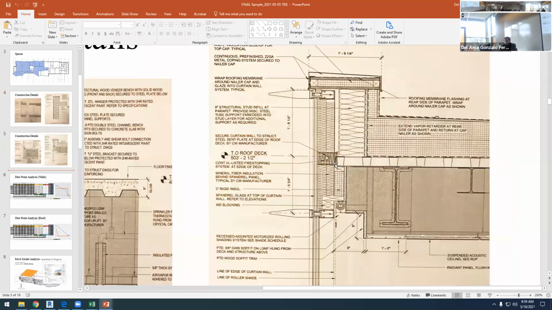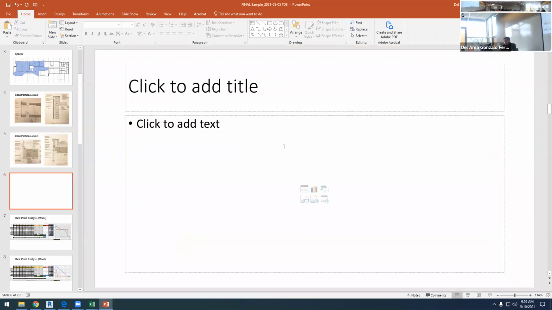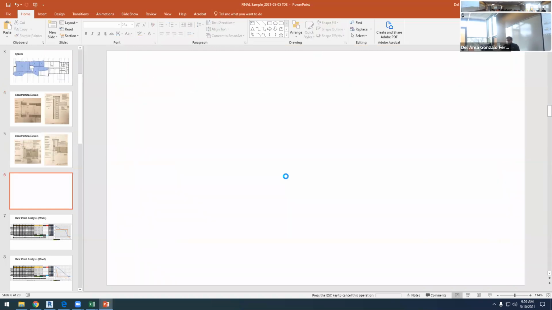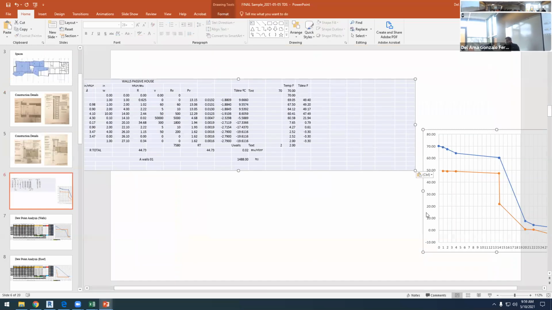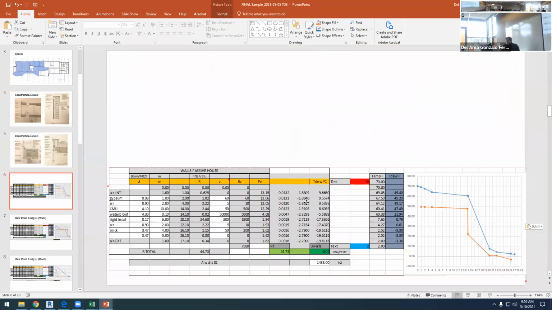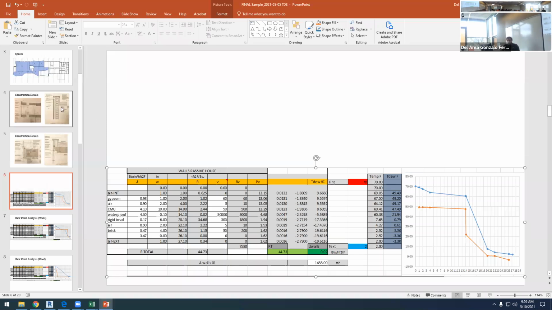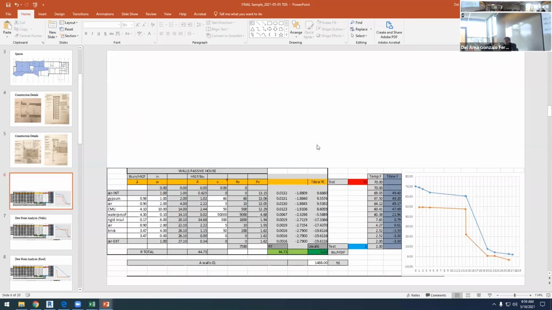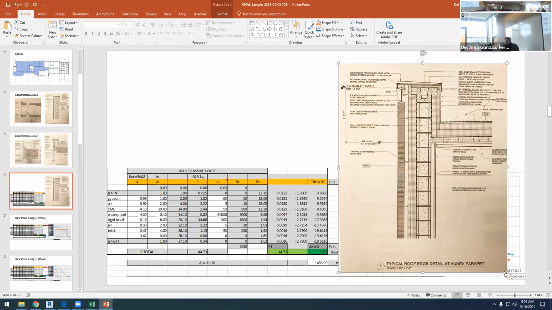Okay, so after analyzing this wall, you can copy this chart here, and this is the wall. So I don't know, you have to create a nice report. So if we're analyzing the wall here, you can have the wall detail.